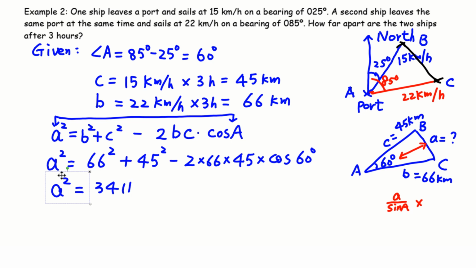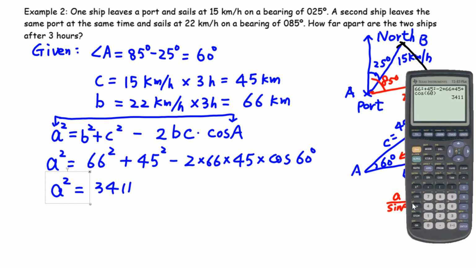Then we square root both sides. We are going to have second x squared, then answer, then equals, is 58.40.